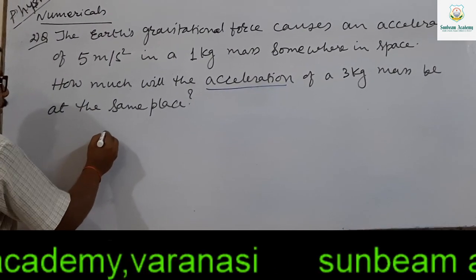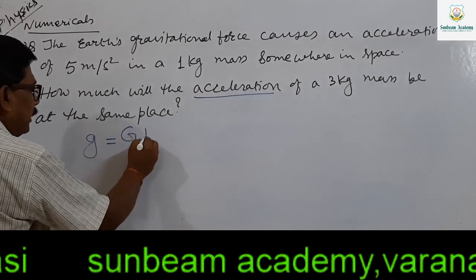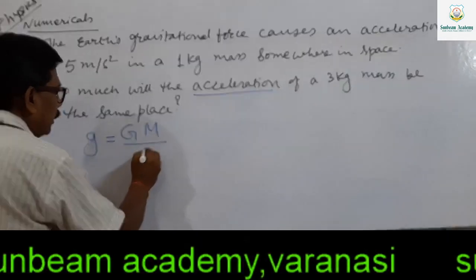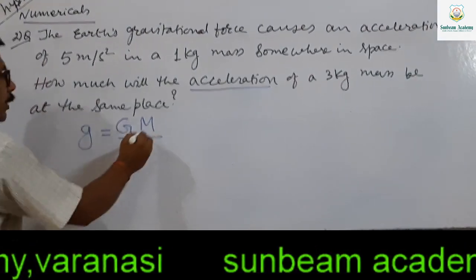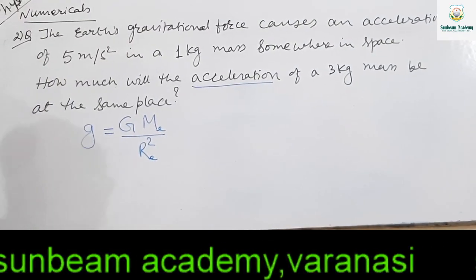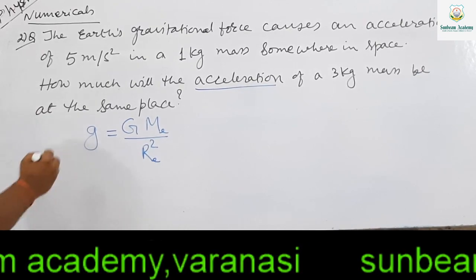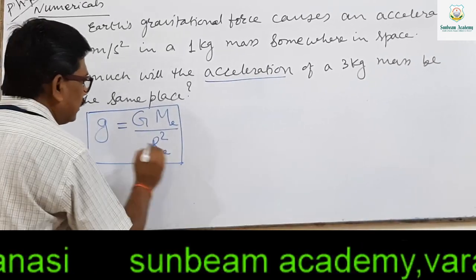You know that g is equal to capital G into M_E upon R square. You know the formula of acceleration due to gravity is this.